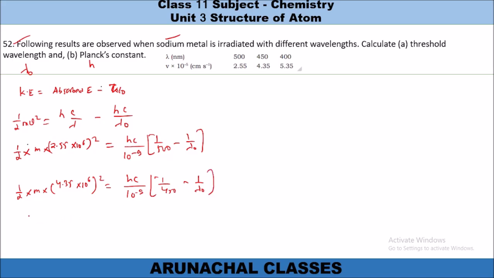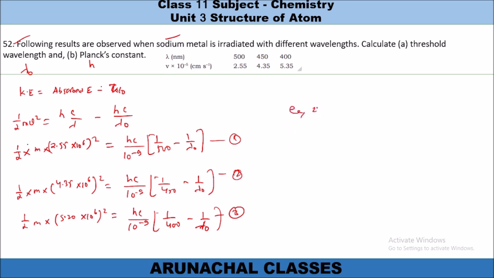Then for the third case it is half m multiplied with 5.20 into 10 power 6 power 2, equal to hc upon 10 power minus 9 in bracket 1 upon 400 minus 1 upon lambda naught. So these three equations are there. This is equation 1, this one is equation 2, and this one is equation 3.